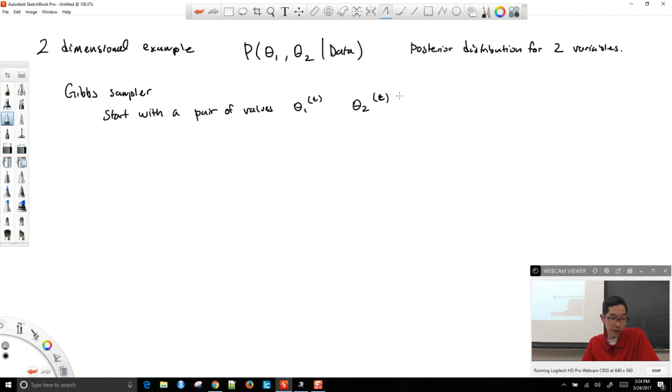And what we do is we look at the conditional of theta 1 given theta 2.